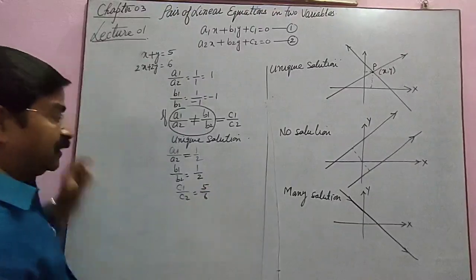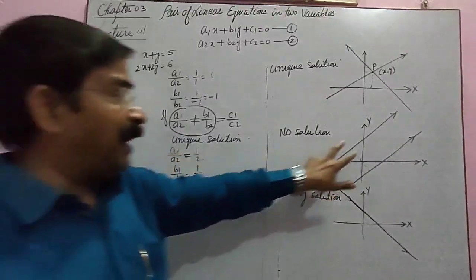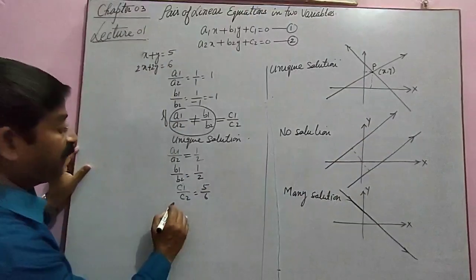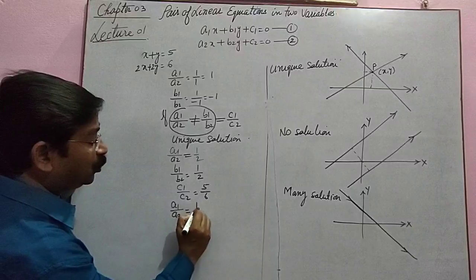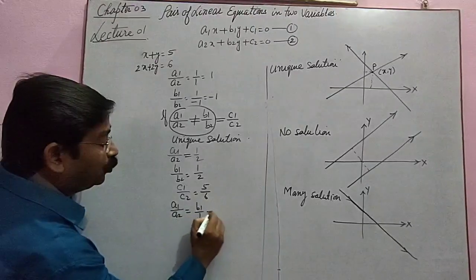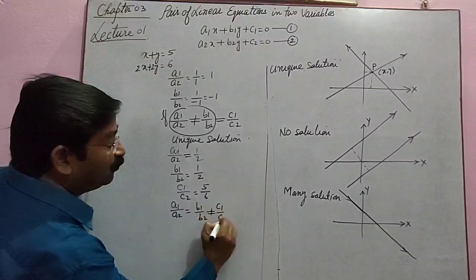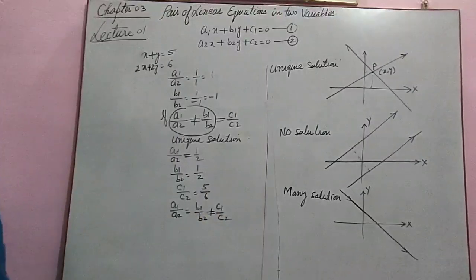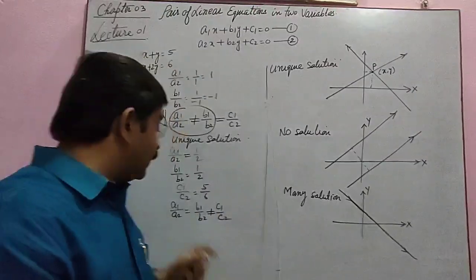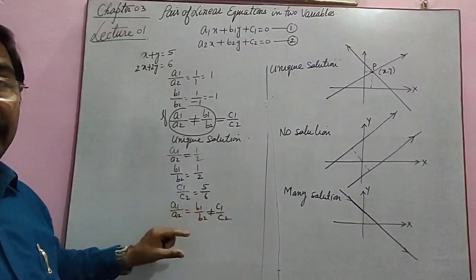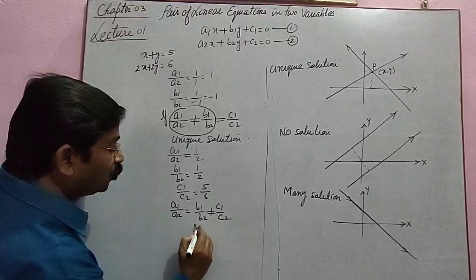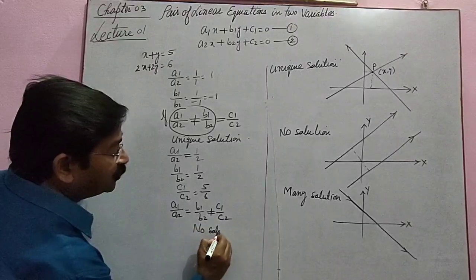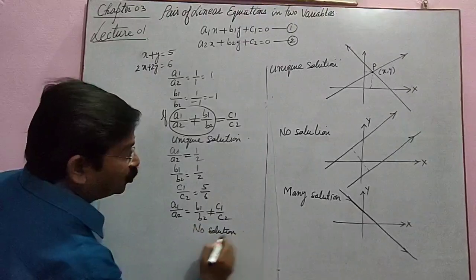This means we will have parallel lines. The criterion is a1 upon a2 is equal to b1 upon b2 but not equal to c1 upon c2. It means the two lines are parallel to each other, and this happens in the case of no solution.